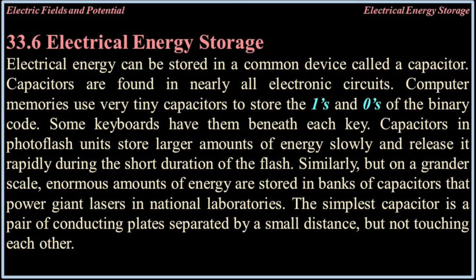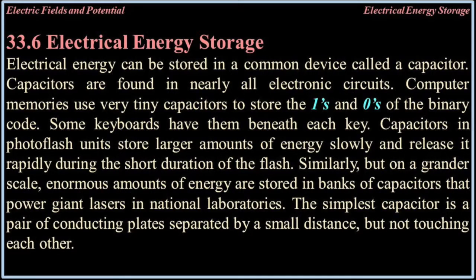33.6 Electrical Energy Storage. Electrical energy can be stored in a common device called a capacitor. Capacitors are found in nearly all electronic circuits. Computer memories use very tiny capacitors to store the ones and zeros of the binary code. Some keyboards have them beneath each key.